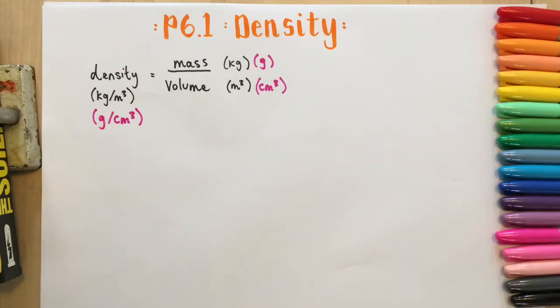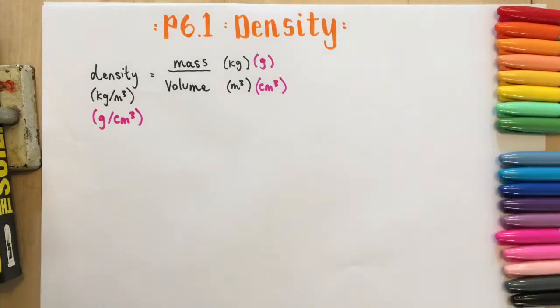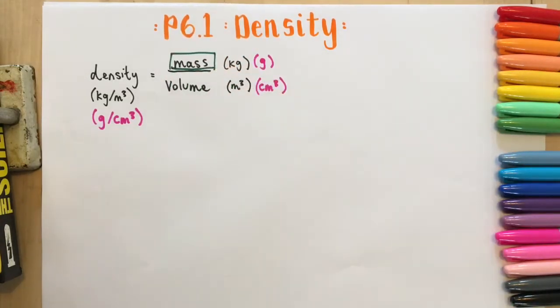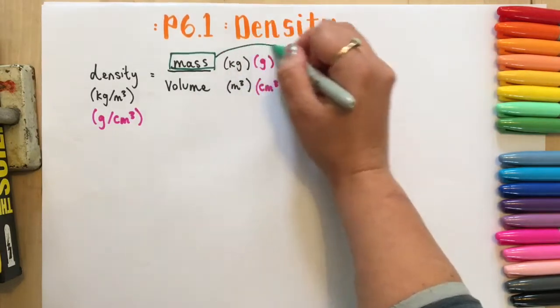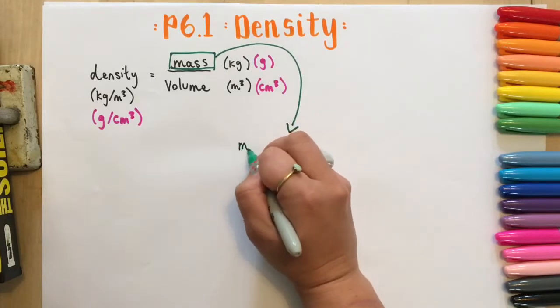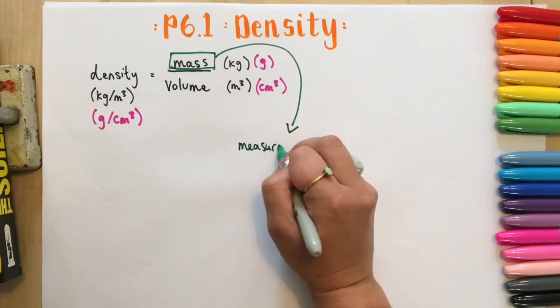So let's just think about this and what we know. Let's think about mass to start off with. How do we measure mass? We measure mass using a balance.